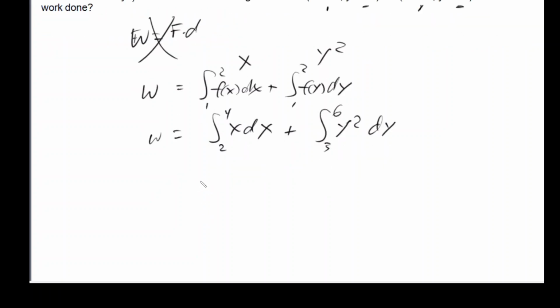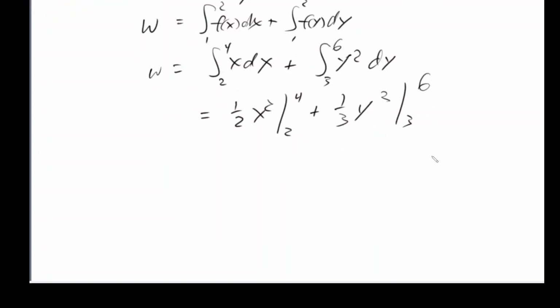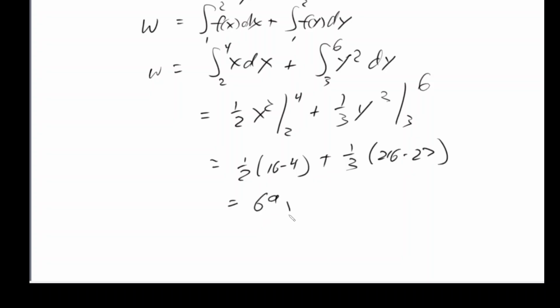And if you do the integration, that's equal to 1/2 x squared from 2 to 4 plus 1/3 y cubed from 3 to 6, which becomes 1/2 times 16 minus 4 plus 1/3 times 216 minus 27, which if you carry this through is equal to 69 joules.